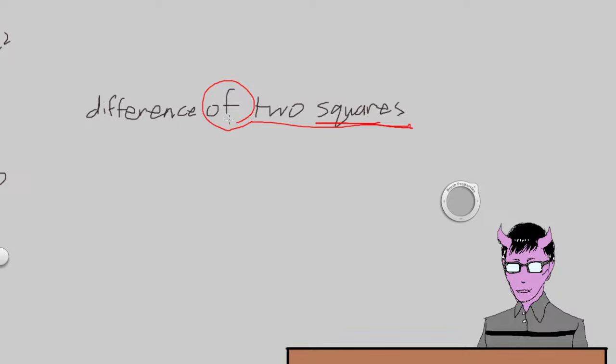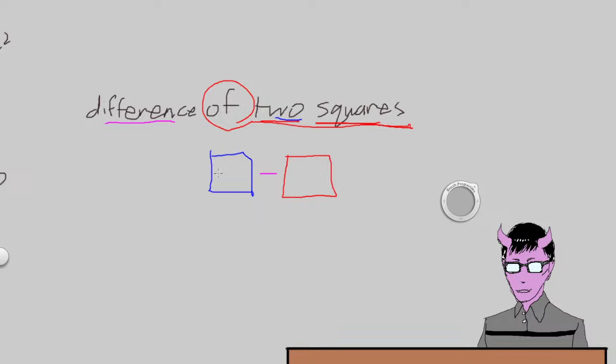You have squares, so it's a difference of two squares, which means that you're going to have square number 1, and then square number 2, and then you have the keyword difference of. So just subtracting those. Let me color this a little better. Difference of, there it is. So difference of two squares, very straightforward translation.